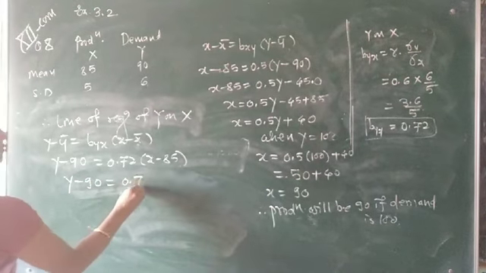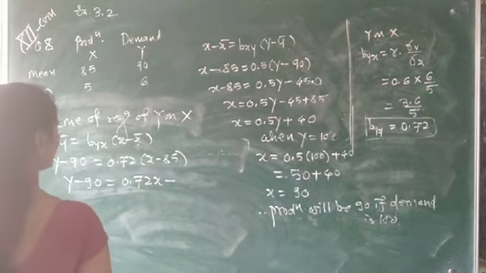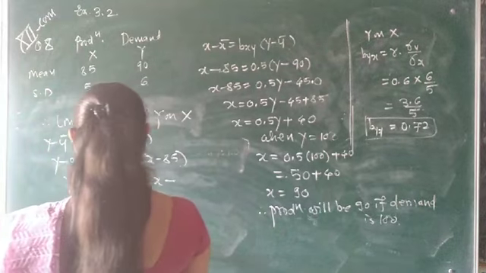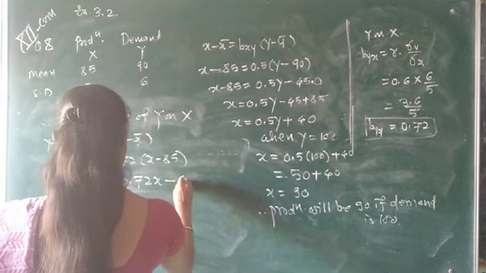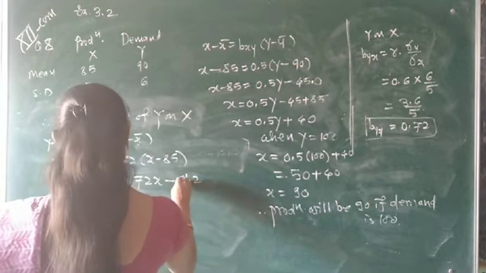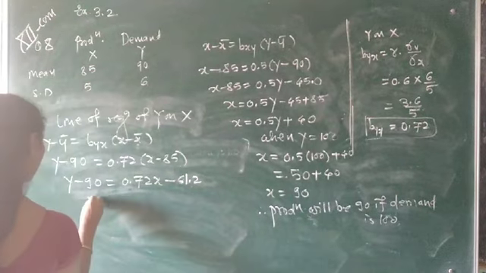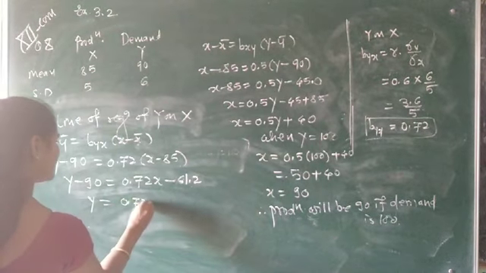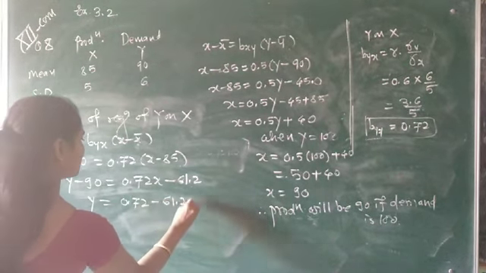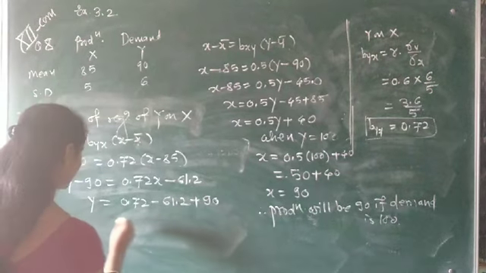Open the bracket. 0.72x minus 0.72 into 85, that is 61.2, and we add the minus 90. 0.72x minus 61.2 minus 90 here it becomes plus 90.